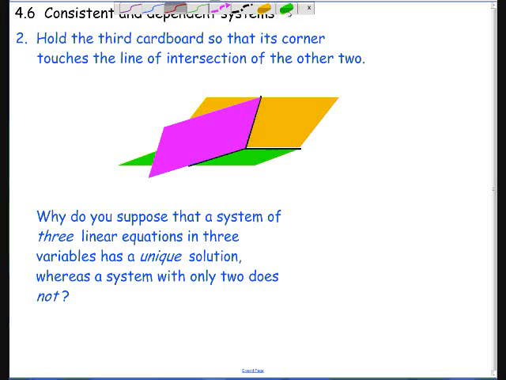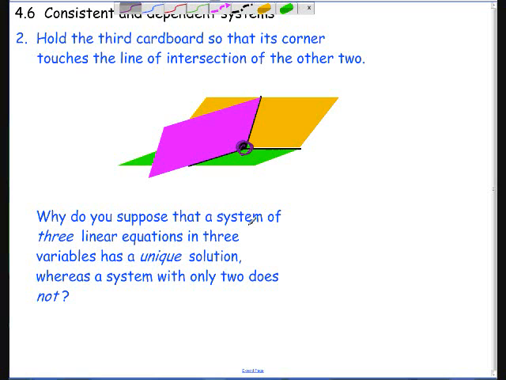So you have this interesting point right here, where the line of intersection between two of the cards, the line of intersection between another two of the cards, and your original line of intersection all meet together in one point.